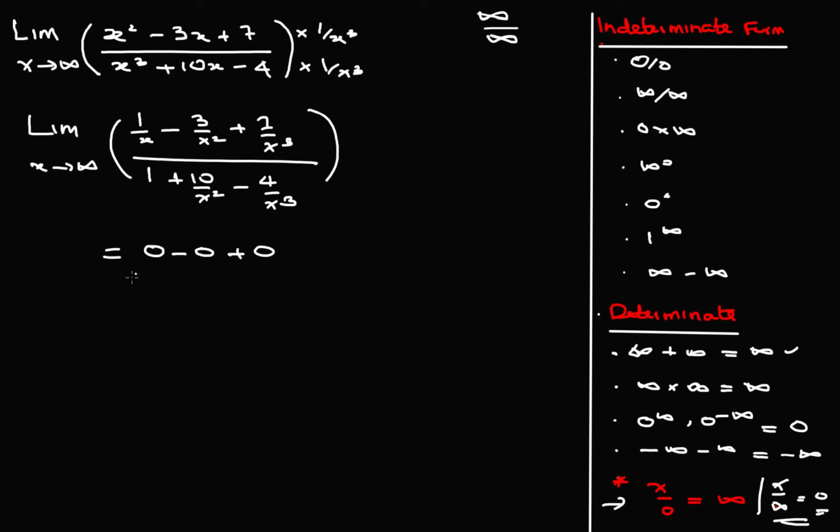Same thing here. And so at the bottom we'll say 1 plus, this gives us a 0, that gives us a 0. And so here we know that it's 0 over 1, and this is normal arithmetic. So this will be 0. So this limit exists and it's 0.